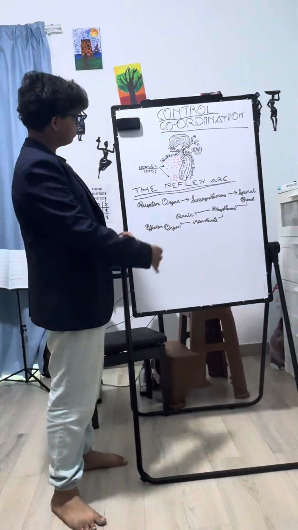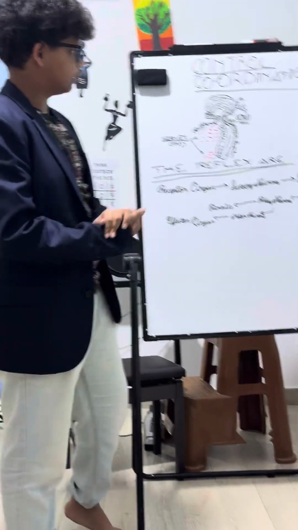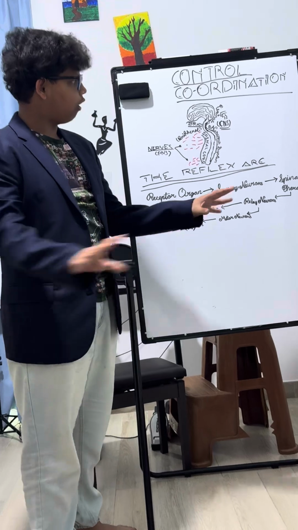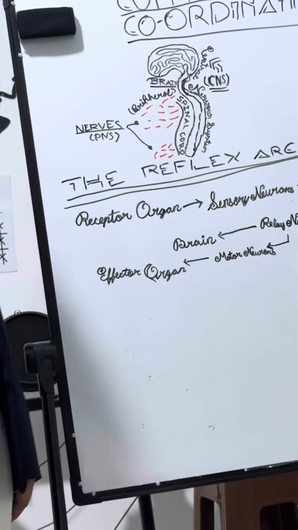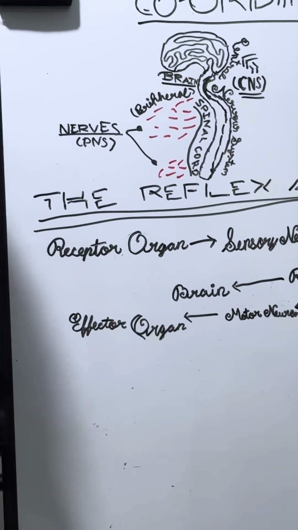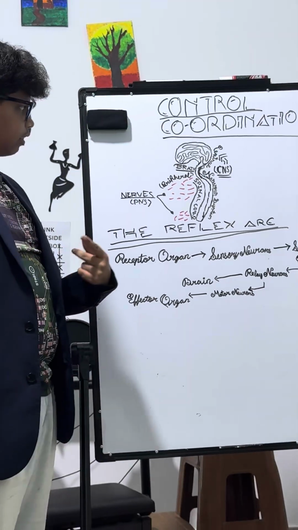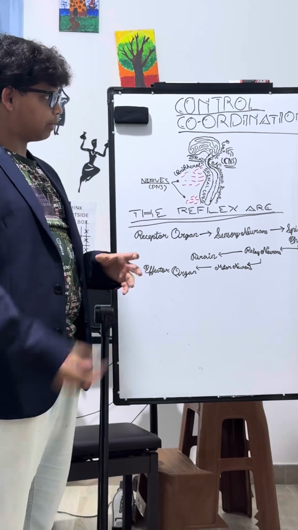And the PNS is basically the short form of the peripheral nervous system, which consists of all the nerves connected to the brain and spinal cord. So here you have the nerves, and they will basically transmit the signals, but they don't control anything independently.